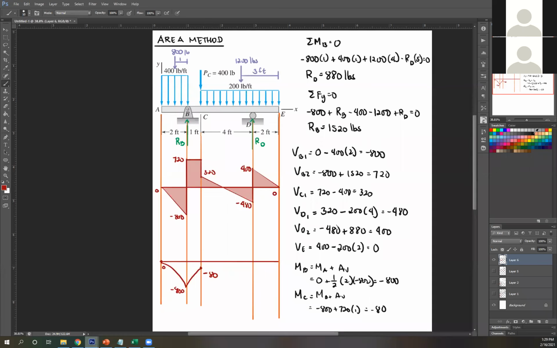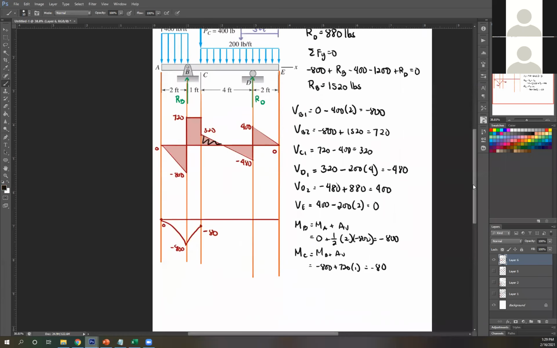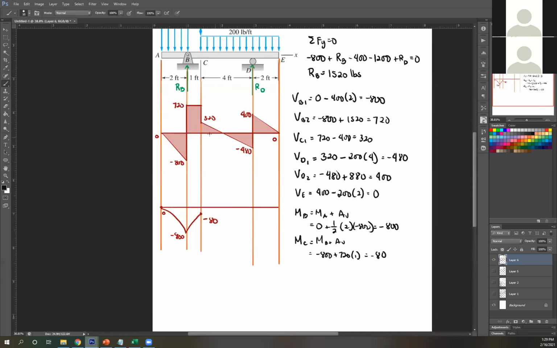Next, add this area. Now the problem is I don't know this base. Let's call that x. To get that area, it's 1/2 base times height, so 1/2 times 320 times x. Let's call that MF.